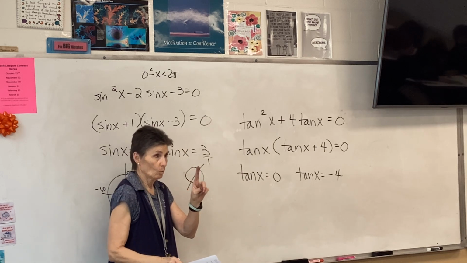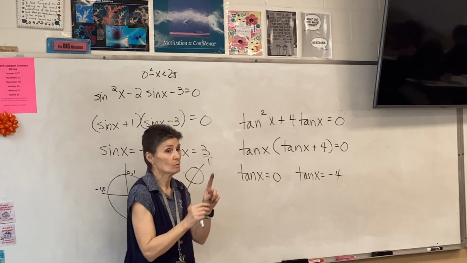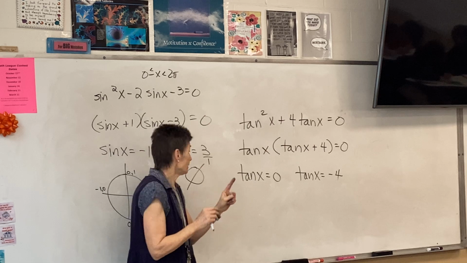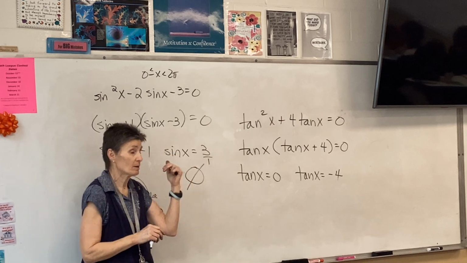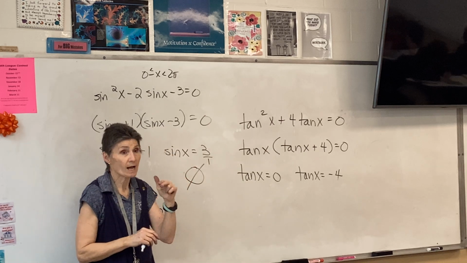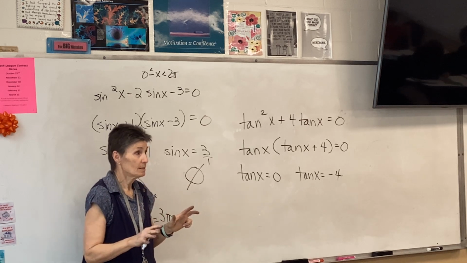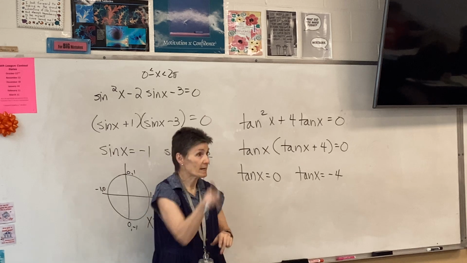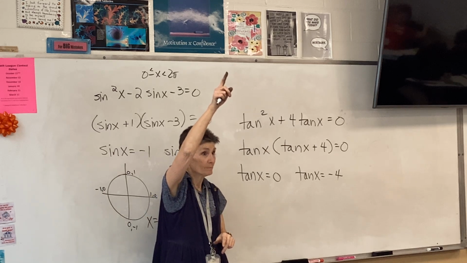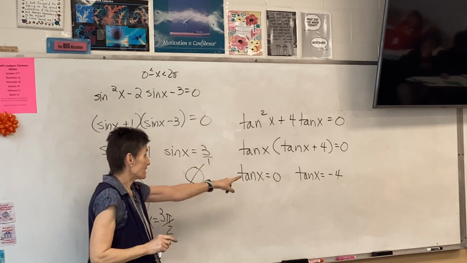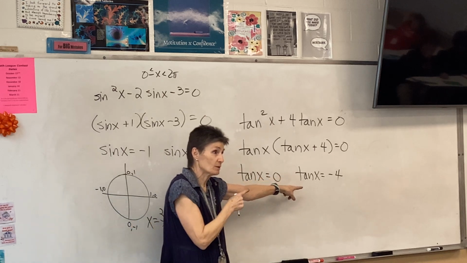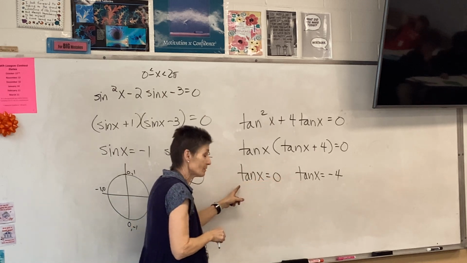Now, what I said a minute ago about sine was that sine can't be bigger than 1. Cosine can't be bigger than 1. Tangent can be anything. Tangent goes from all the way down to all the way up. Remember the curve? So that is perfectly okay. I'm gonna need a calculator, but it's perfectly okay.